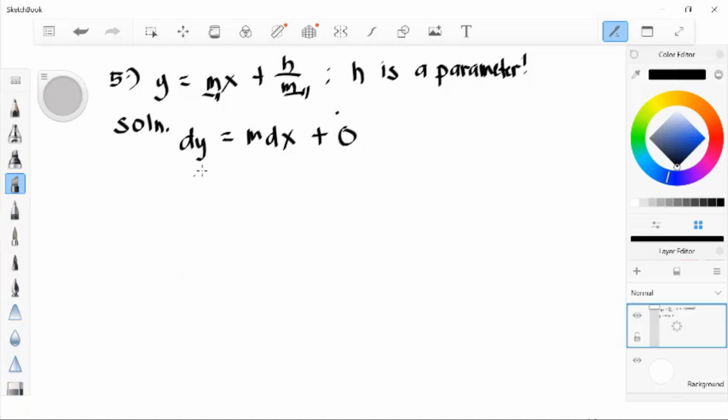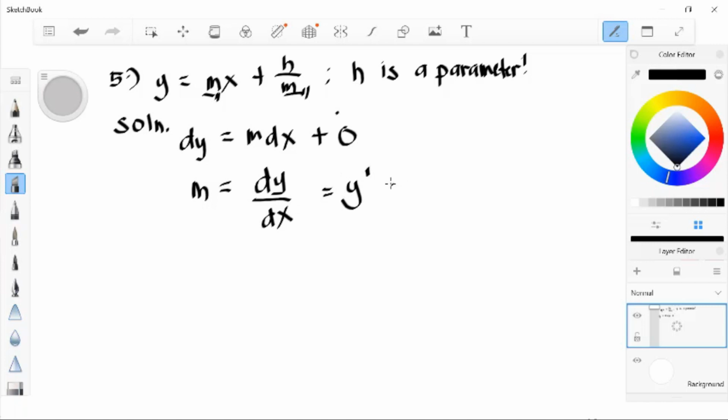So the value of m is equal to dy over dx, which is also equal to y prime.